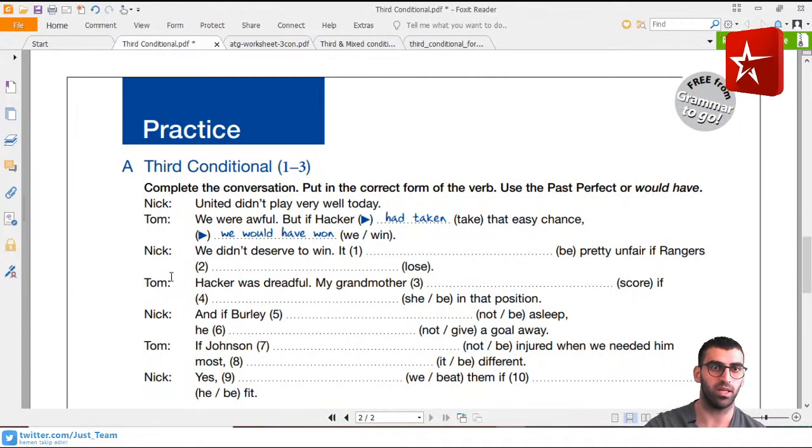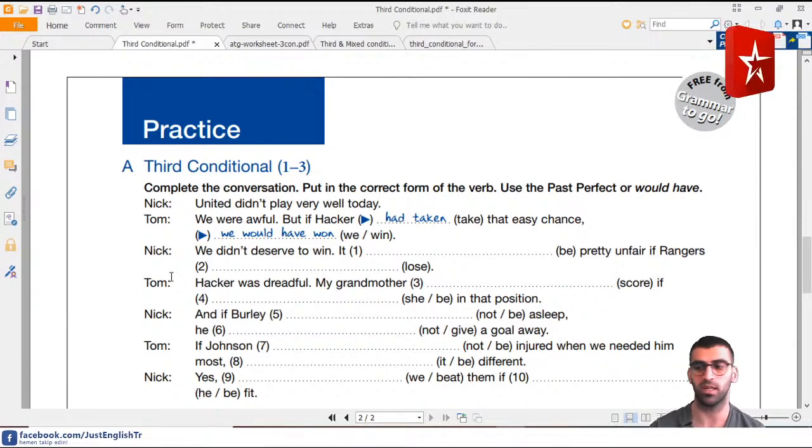For example, third conditional. It's a small conversation between Nick and Tom, a kind of dialogue. Look at the dialogue here. Nick says, United didn't play very well today. United means Manchester United, a famous football team in England.